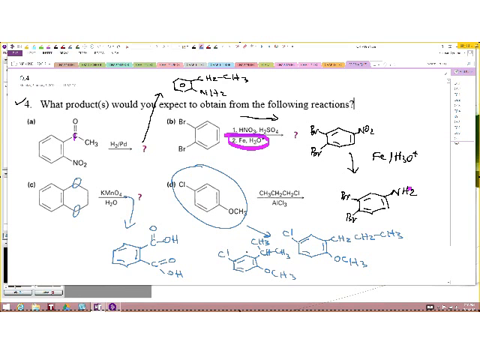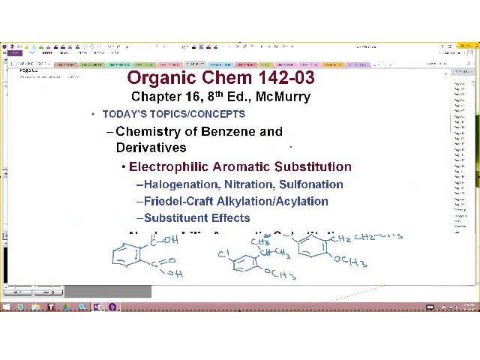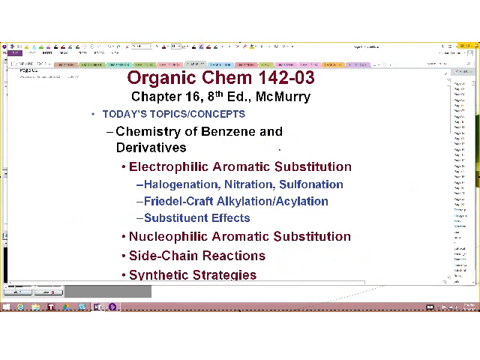Okay, now let us finish up our discussion on chapter. What I want to do now is go very briefly over the reaction that we call nucleophilic aromatic substitution reaction. It is not as widely used as electrophilic aromatic substitution reaction.